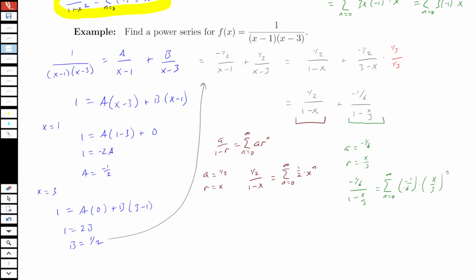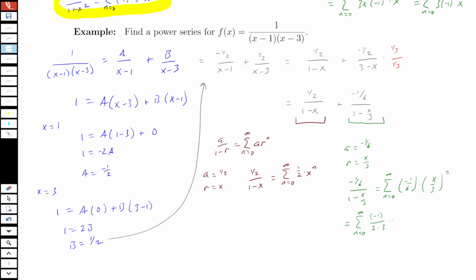Now this 1/6, I don't have to do it this way, but I can write it as a half times a third. So I have a negative 1 over 2 times 3.